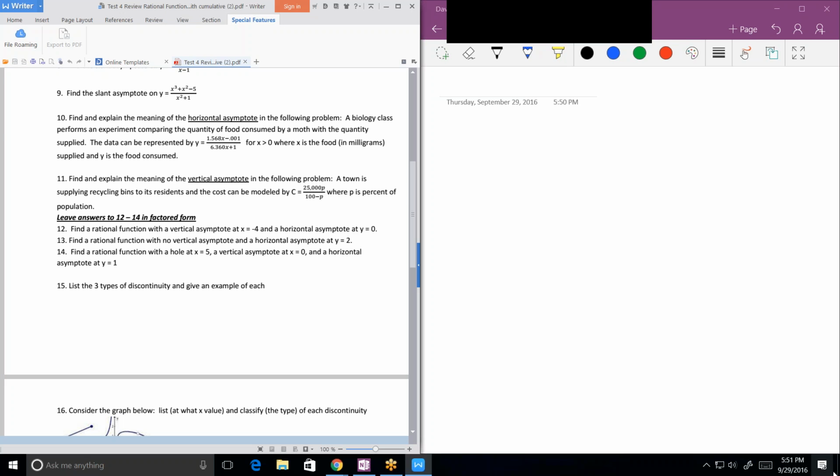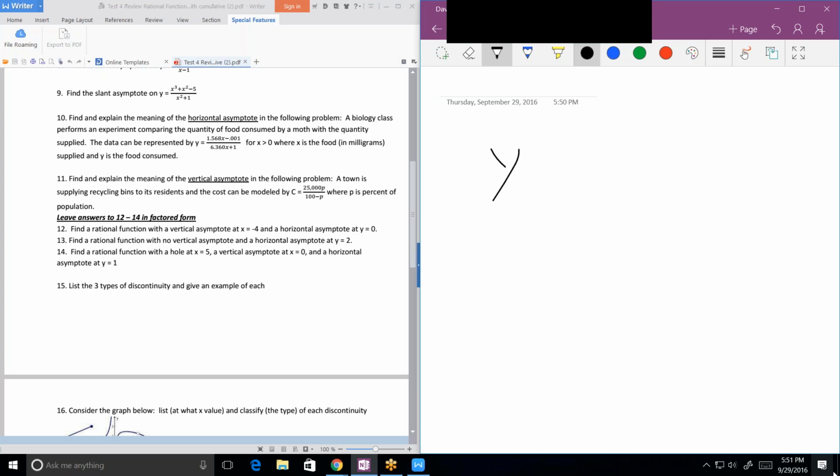Number 10 looks fairly straightforward. It gives you a function, y equals something, where y is the amount of food consumed and x is the amount of food supplied. The horizontal asymptote of that function, y equals what?